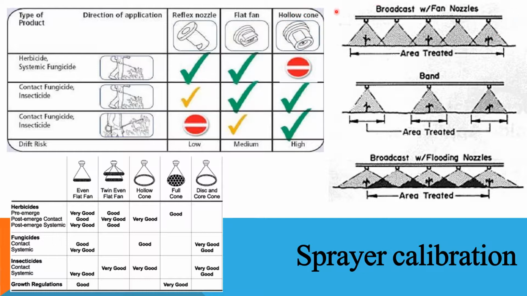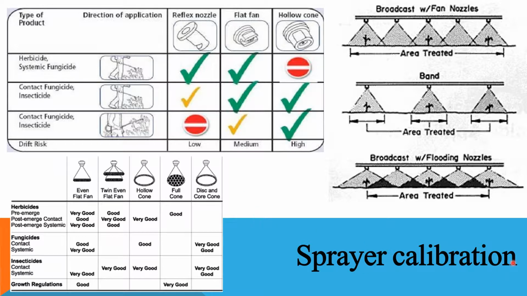So this is how the broadcast nozzle works with a fan nozzle. For broadcast on a band area, which means that you have rows or batas here, you can just follow the batas or follow the band, and there are a few others, nozzle or cone types, to apply the herbicide.